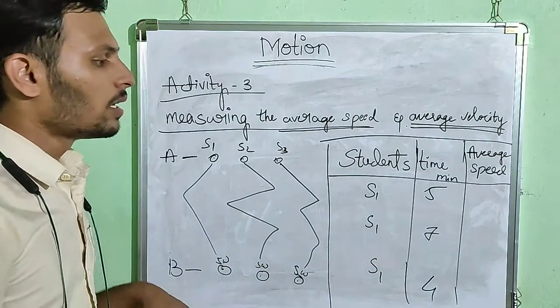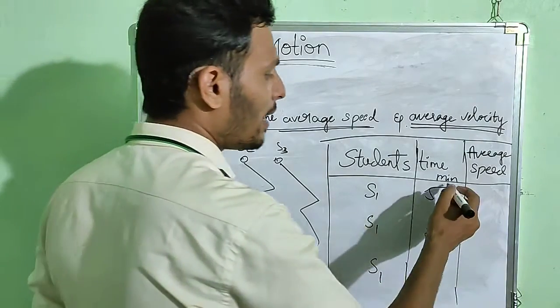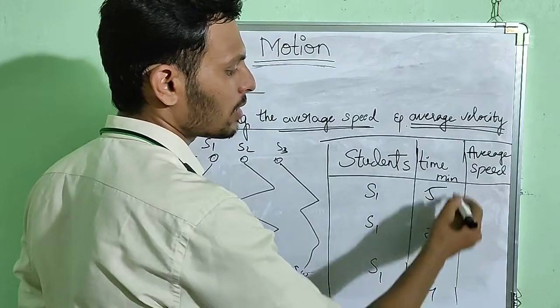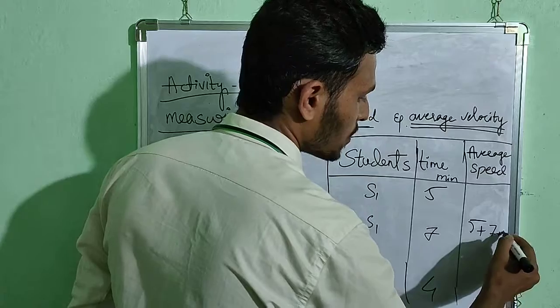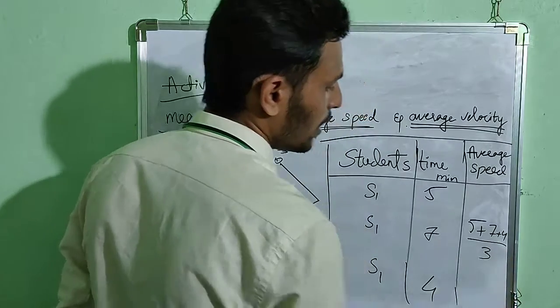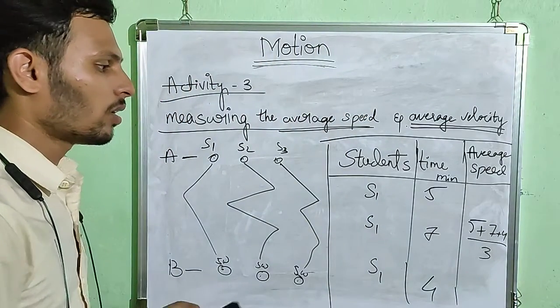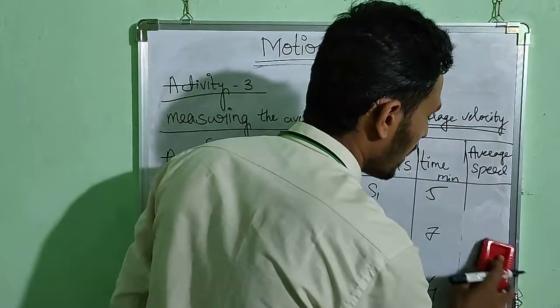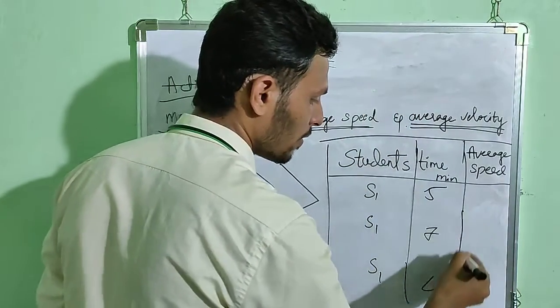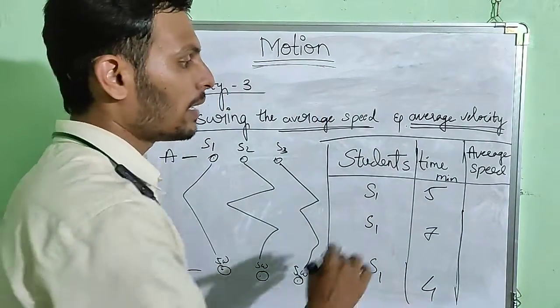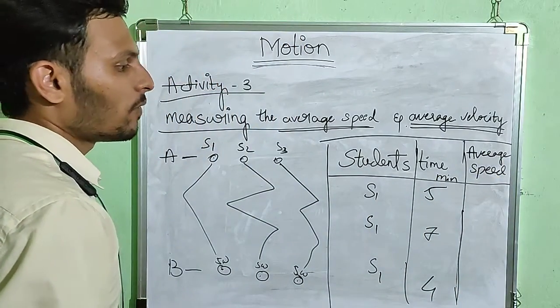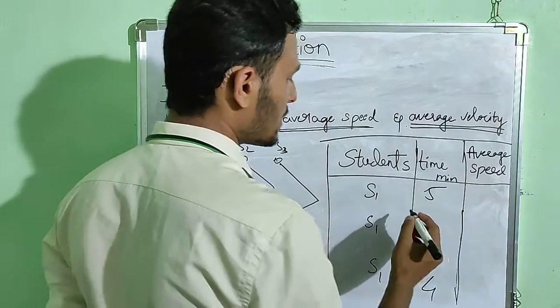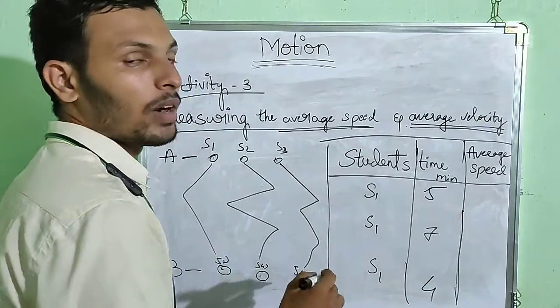Now if I add all this time, 5 plus 7 plus 4 divided by 3, oh sorry, that would be the average of the time. But if I need to calculate the average speed, the formula is total distance covered divided by time.